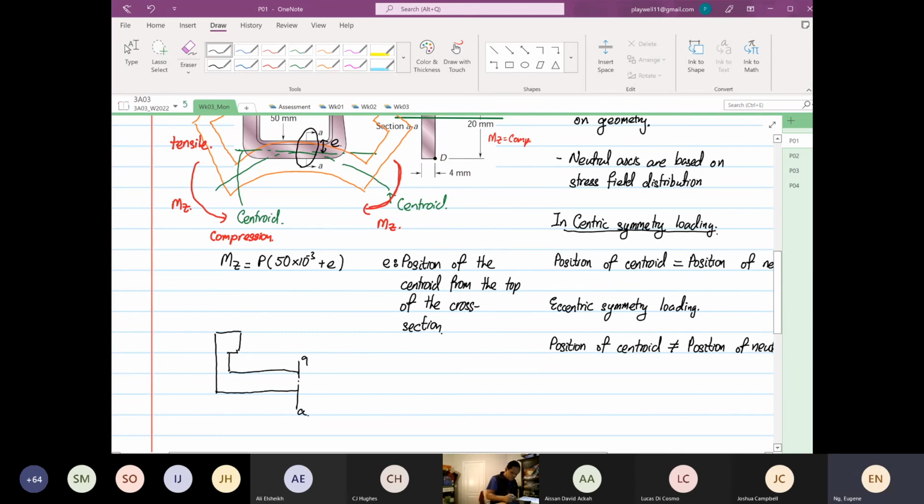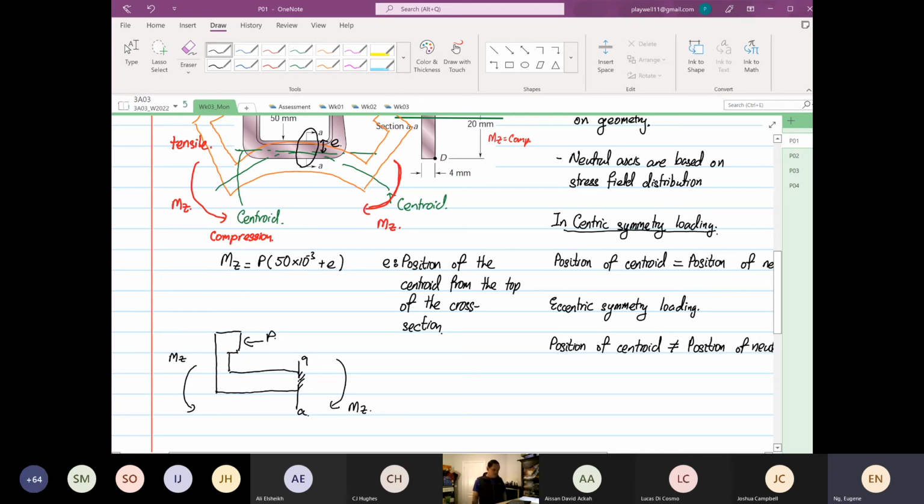We know that P is in this direction, and AA is where we fix. We don't allow it to move. So this is where you have moment in Z, which we have stated, and this is also our counter moment in Z. And there's an axial load that's going to be applied down there.